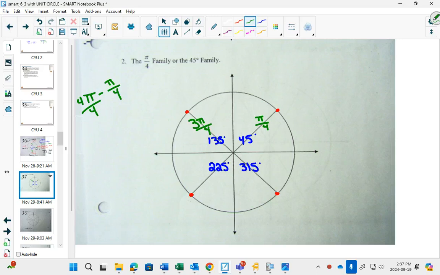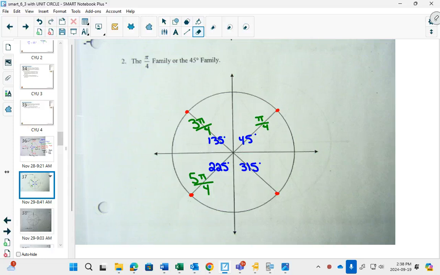Okay? How would you do the next one? You would have done in degrees 180 plus 45. Now in radians we'll go pi plus pi over 4. That would just change this to a plus sign, wouldn't it? And we would get 4 pi over 4 plus 1 pi over 4, which is 5 pi over 4. In quadrant 4, in degrees we went 360 degrees and then subtracted 45.